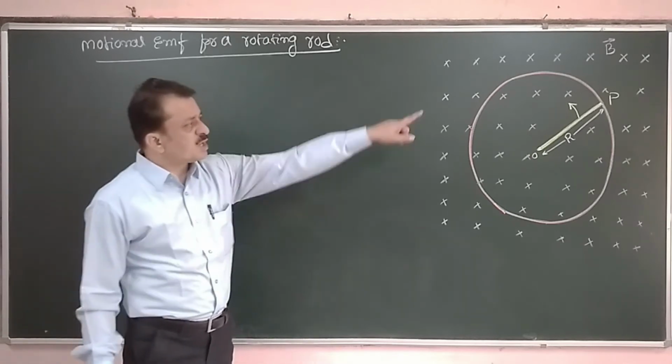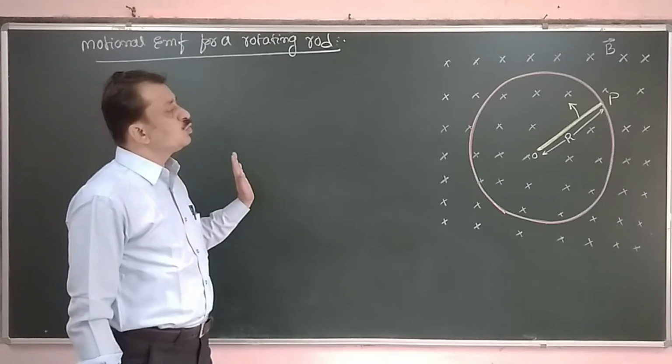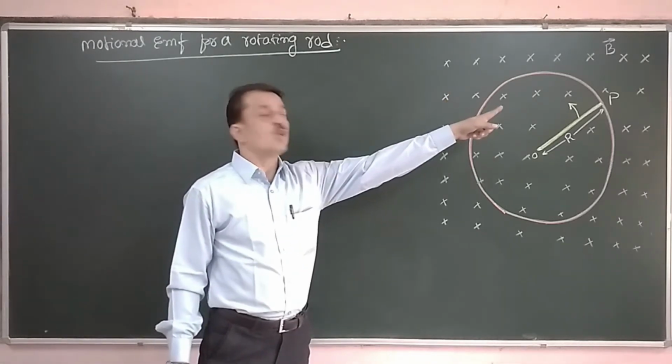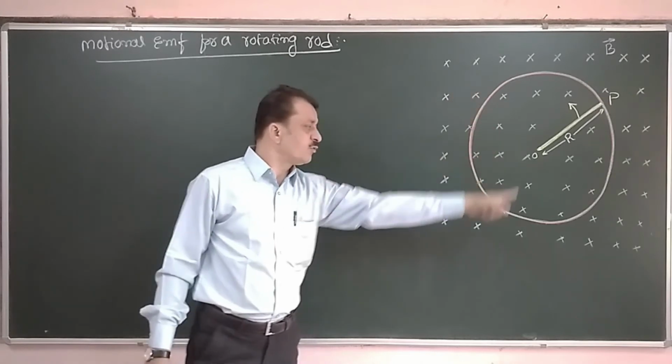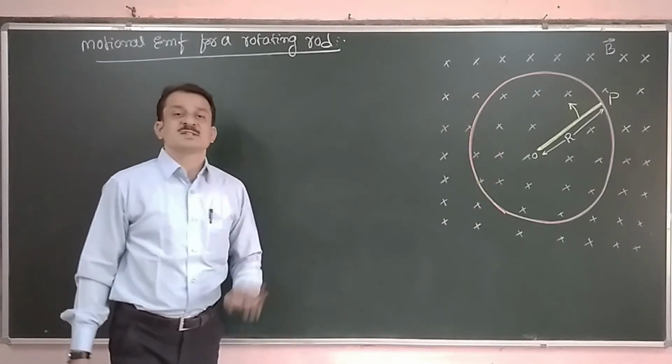Therefore, the positive charge gets collected at the center and the negatively charged electrons get collected at the outer end, and they are uniformly distributed along the circumference.